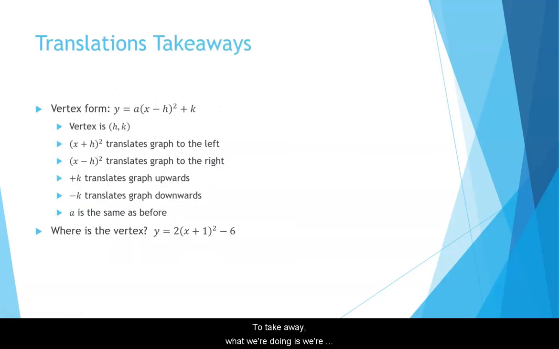To take away, what we're doing is we're building towards something called vertex form. We've already talked about what A is. A is the stretch or shrink factor. It controls how quickly or how slowly our parabola grows. x minus h, quantity squared.